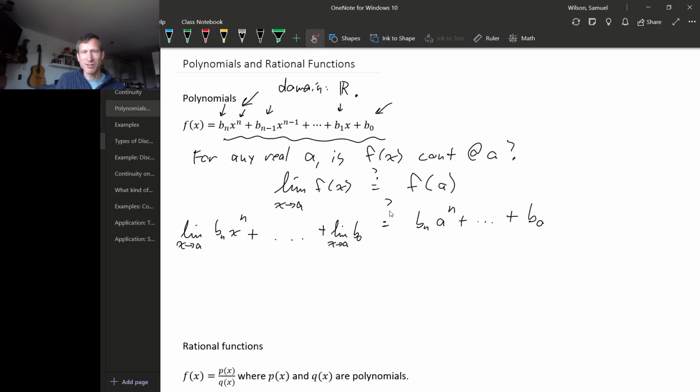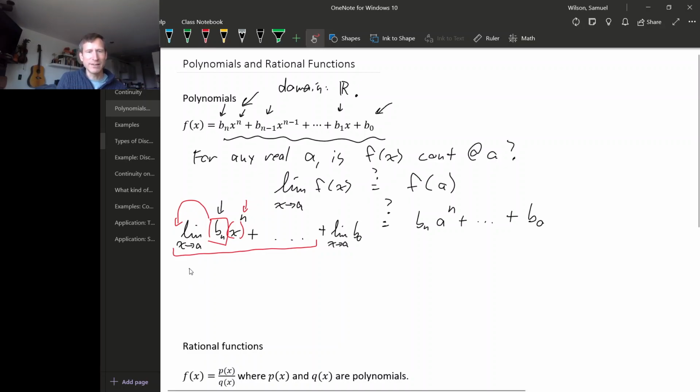Right? We want to check, are these the same? Well, for all of the terms other than the constant term, they all have a constant multiple, so we can move the constant multiple outside of the limits. That's one of the limit rules. And then we can move the limit inside this exponent. That's another one of the limit rules.